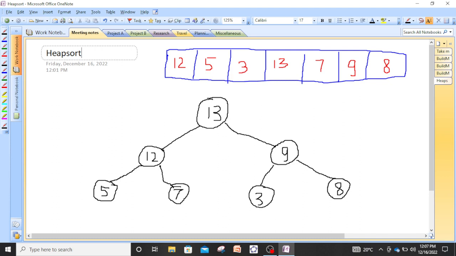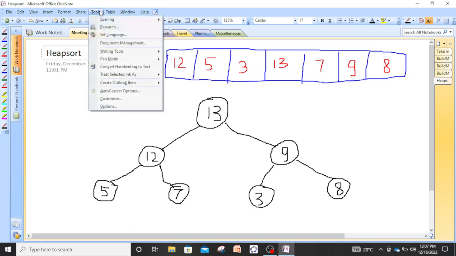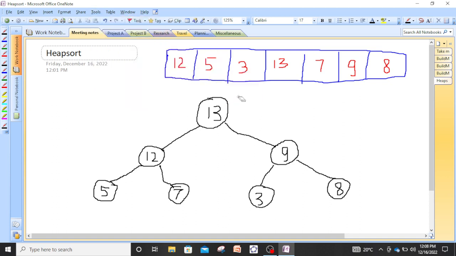In this algorithm, the largest element is removed, and you see the largest element is at the top. The root node is the largest, so I remove that. I remove 13.